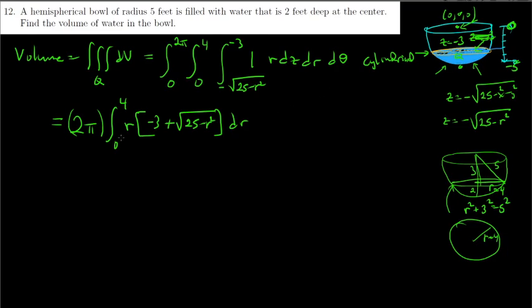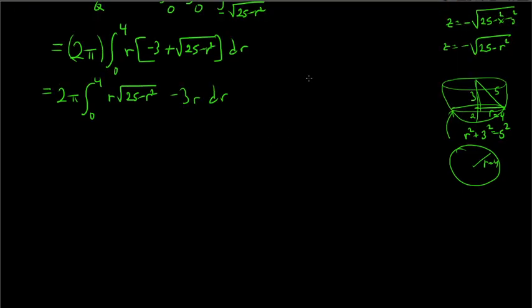That's just the 2 pi, right? Yeah, so before we integrate, let's simplify this. We're going to get r square root of 25 minus r squared. That's yet another substitution. And then minus 3r dr. So maybe we should split those up and do those separately.